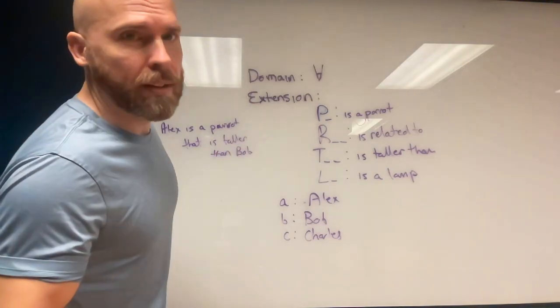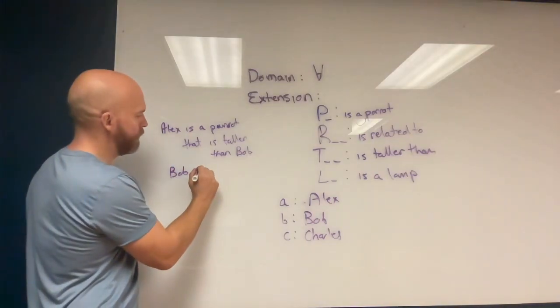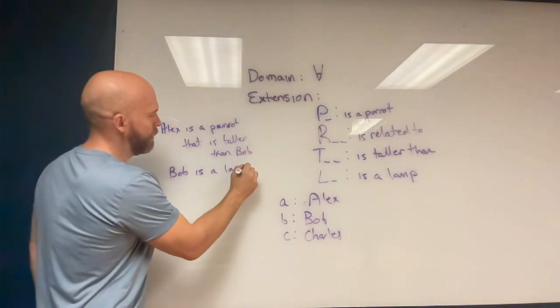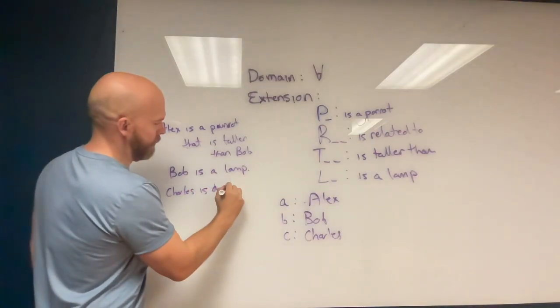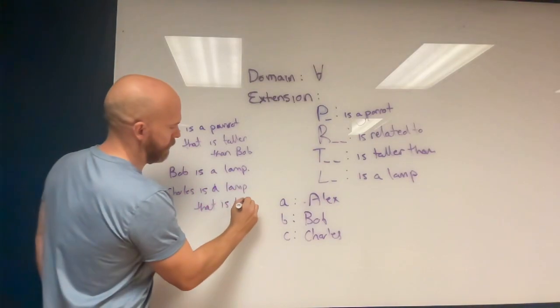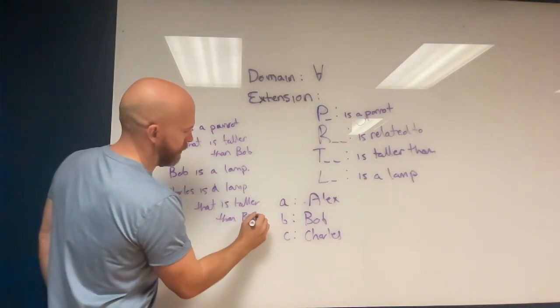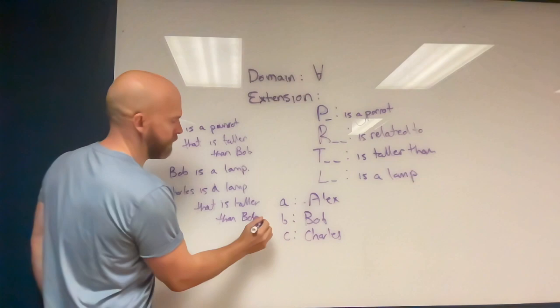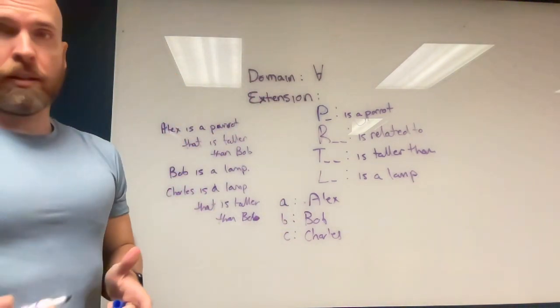We also have that Bob is a lamp. Charles is a lamp as well, that is taller than Bob. These are interpretation facts about our domain.